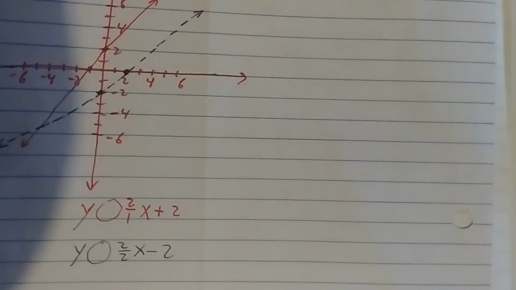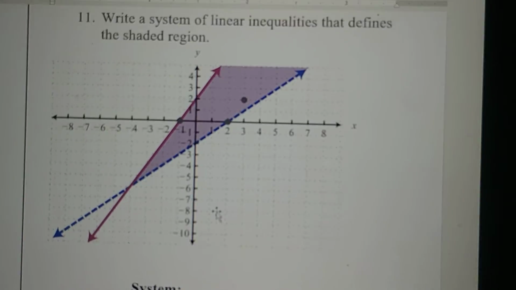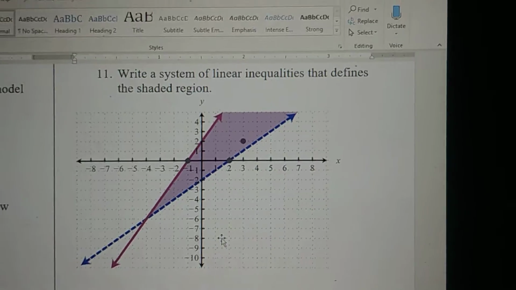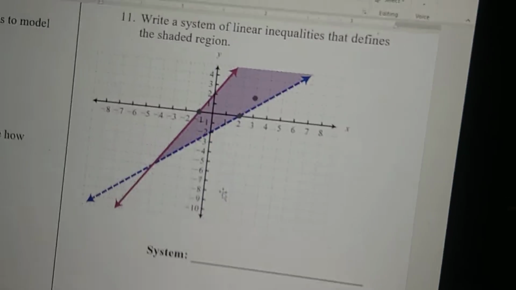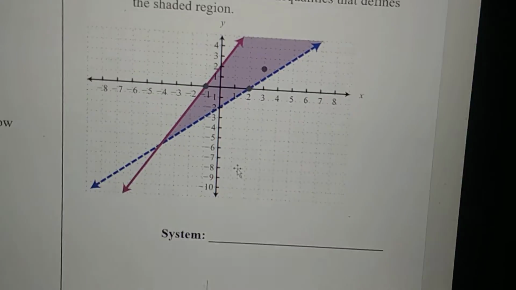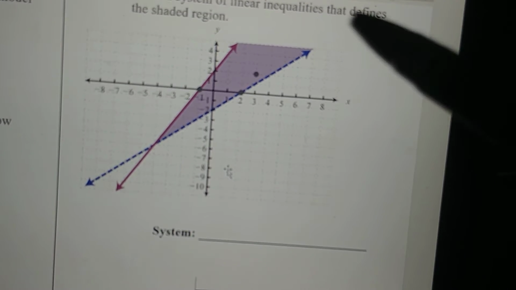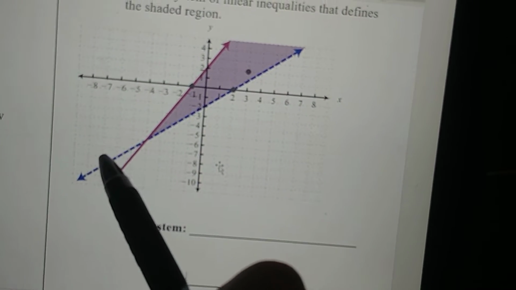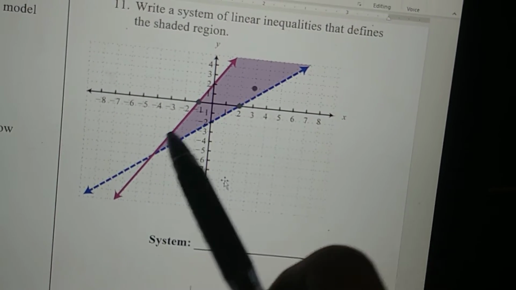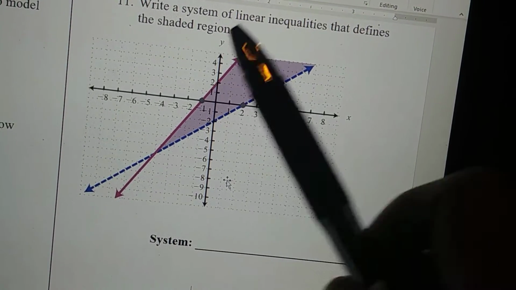Nice. Now I want to take a look at the shaded region of the graph. Notice that for the blue line here, the shaded region, you can shade above the blue line.